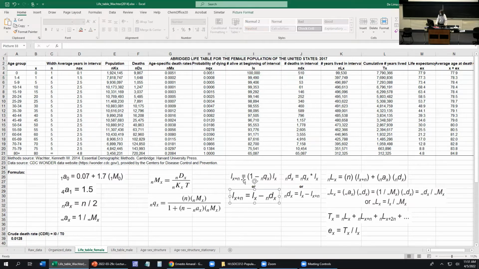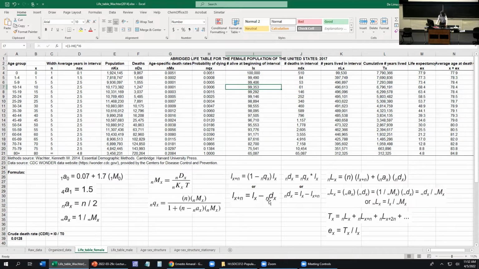We can use either formula, and it gives the same result. What am I doing? The number of people alive at age 0, minus how many died before reaching age 1, 510. How many do I have left? 99,490. See, it's the same result. And using the second formula I get the same 99,406, this number minus this number. Okay?